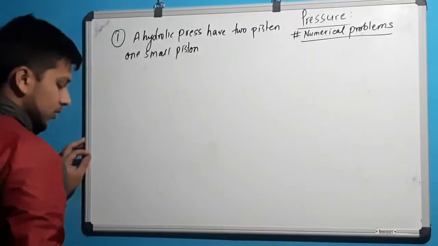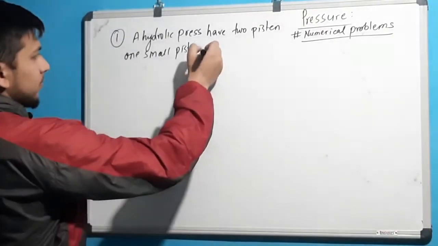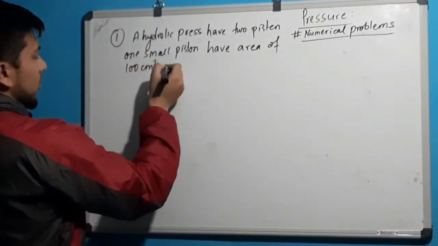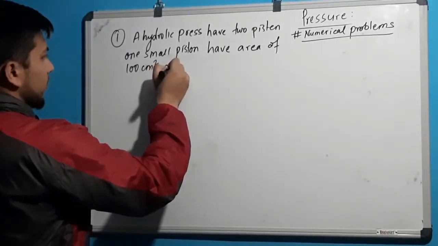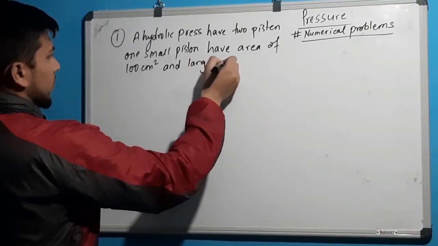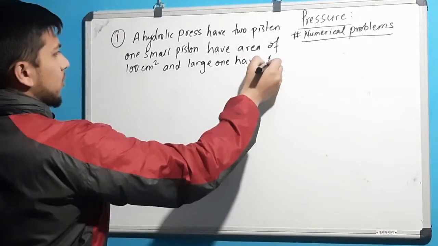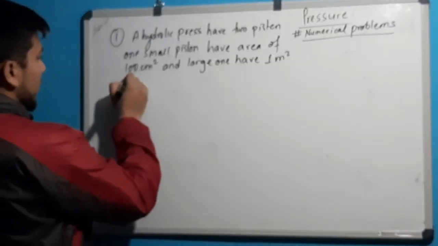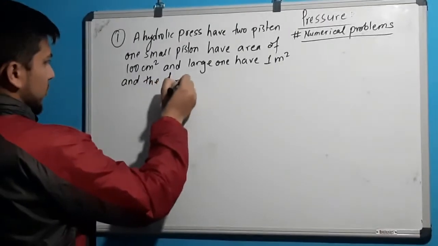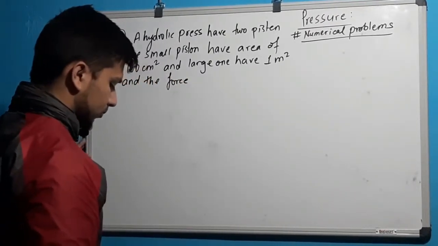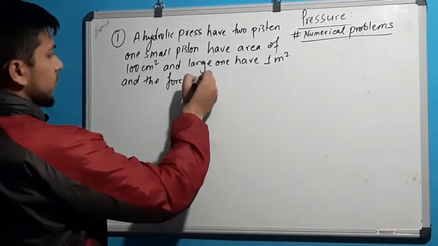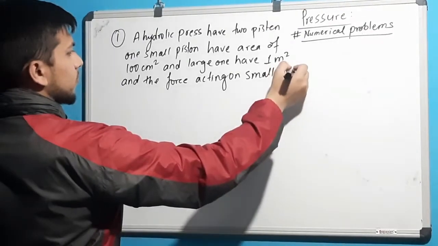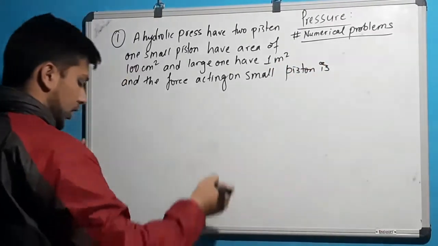One small piston has an area of 100 centimeter square and the large one has 1 meter square area, and the force acting on the small piston is 10 Newton.